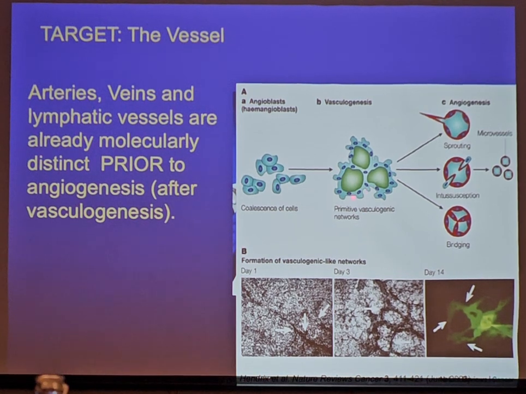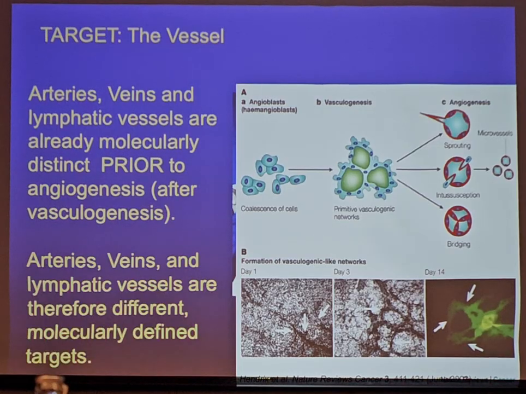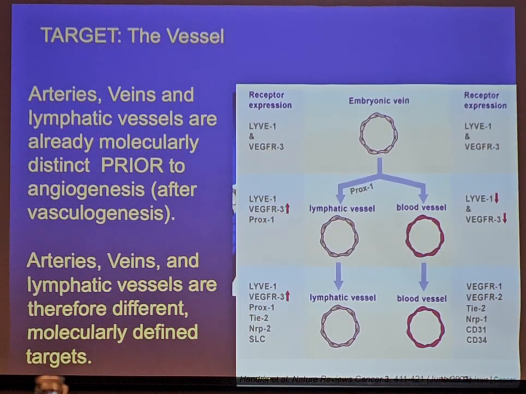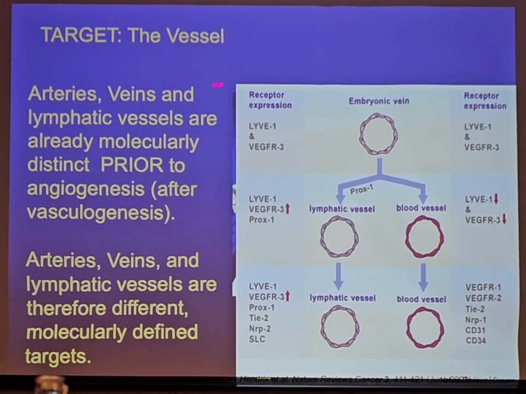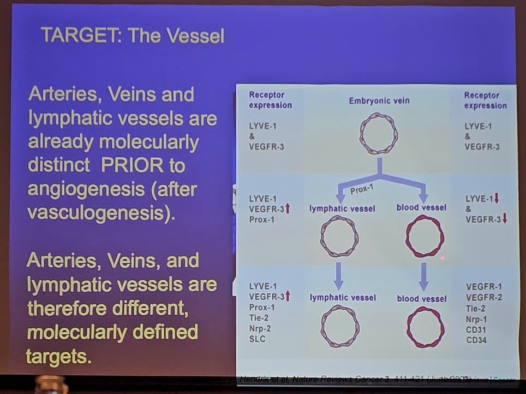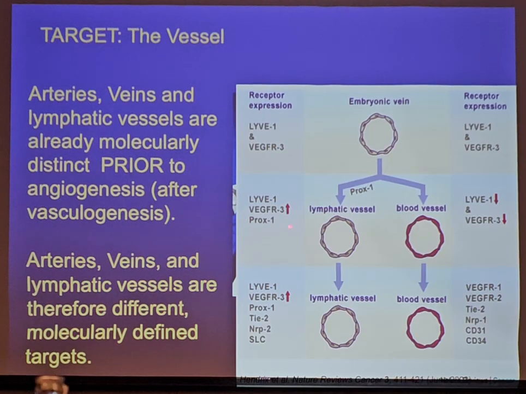But in the moment before we are going towards angiogenesis, they will know whether they will become an artery, a vein, or lymphatic vessel, because the receptors that are being expressed here, an example for the lymphatic versus the venous vessel, will be completely different. There will be an upregulation of the VEGF receptor 3, then you will become or get a lymphatic vessel. With a downregulation of VEGFR3, this will become a vein. So this means that your vessels are molecularly distinct targets.